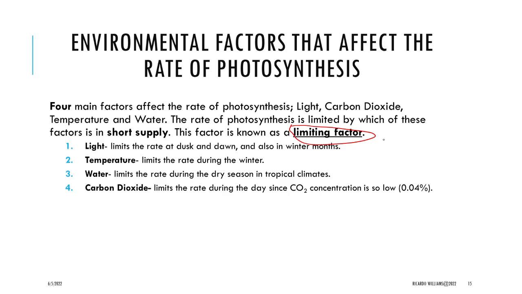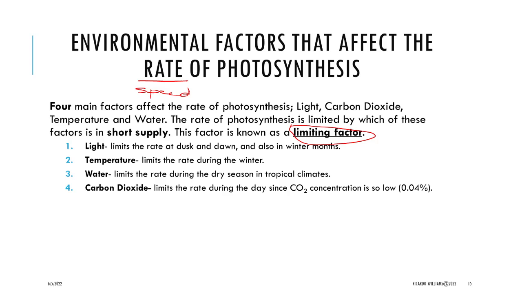So when we talk about the rate of photosynthesis, we're really talking about the speed. If we say that environmental factors affect the rate of photosynthesis, what we are actually saying is that the environmental factors can affect the speed of photosynthesis.